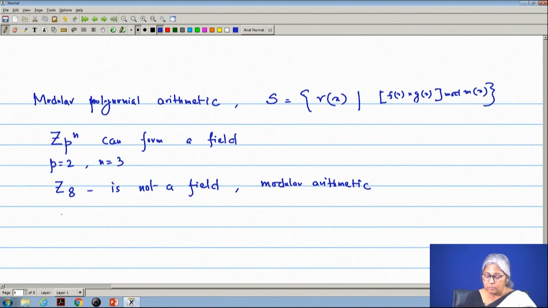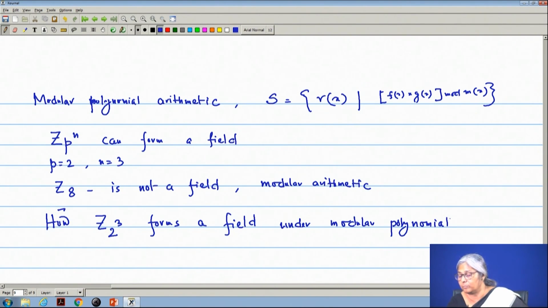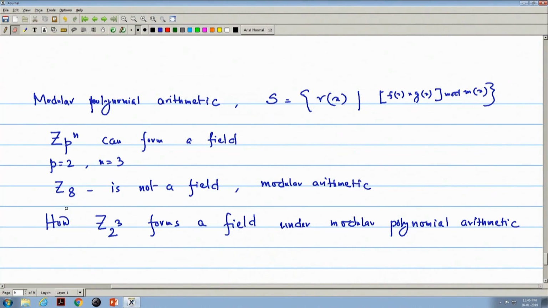So, now we will show how Z 2 to the power 3 forms a field under modular polynomial arithmetic. Since now we have 8 polynomials in the set, in the next lecture we will continue this topic, and we will see how we can form a field under modular polynomial arithmetic.